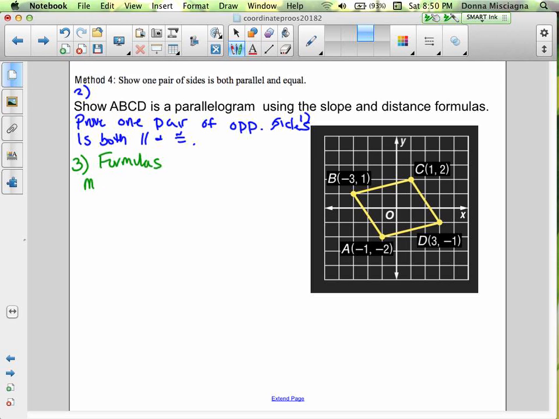The formulas that we need are the slope formula, change in y over change in x, and the distance formula, which is the square root of the change in the x value squared plus the change in the y values squared.